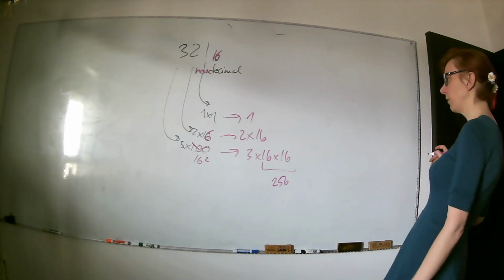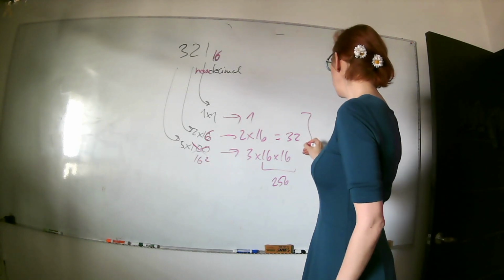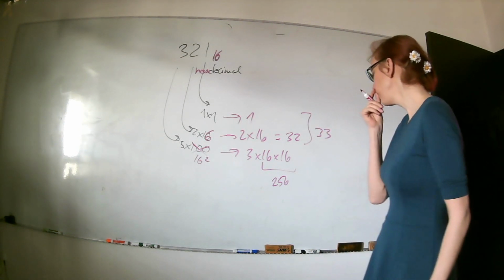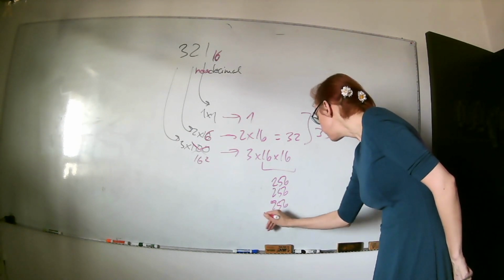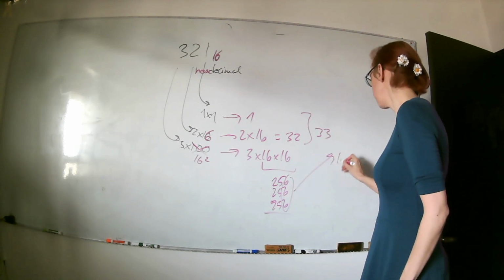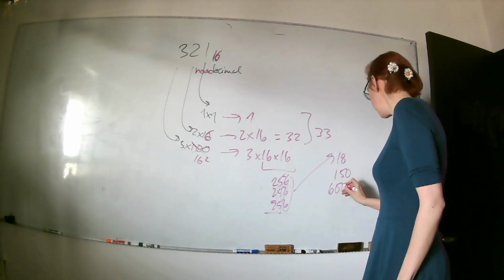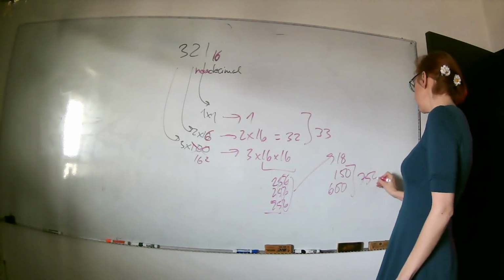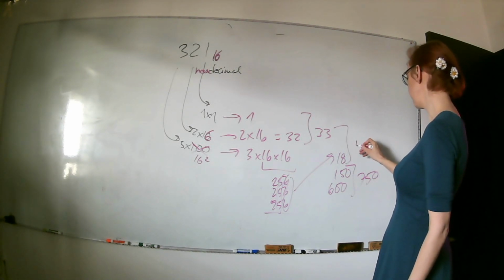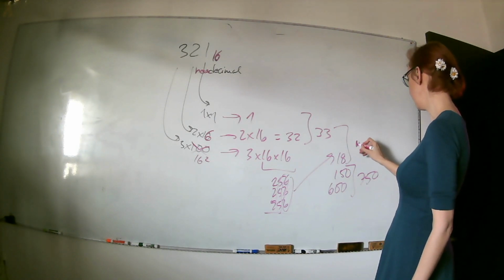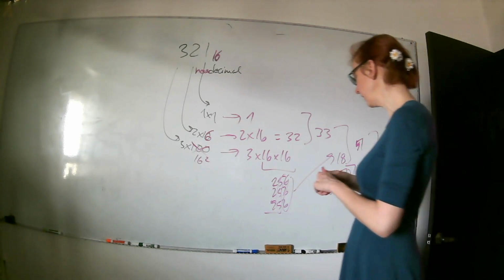That sounds roughly correct. So this thing is a 32, these two together make 33, and then 3 times 256 is 750-something: 18, 150, and 600 gives 768. Adding these gives me 801.